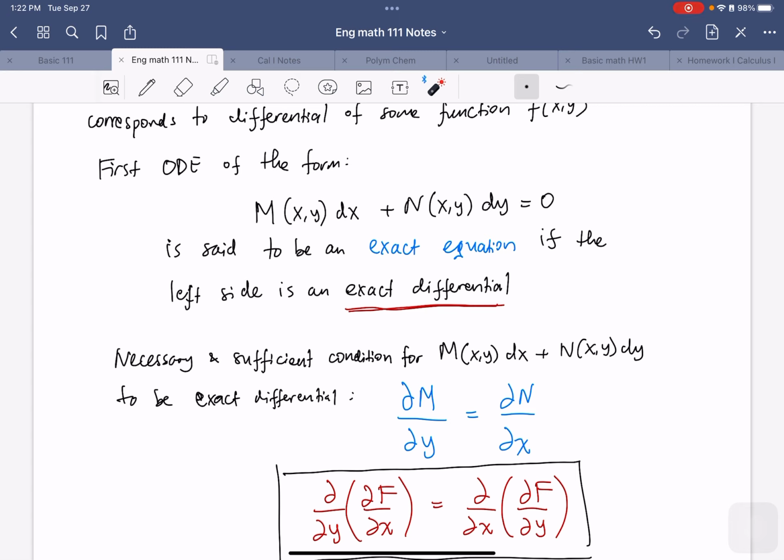Because we define M and N as functions of two variables, we define the exactness this way: if we differentiate M partially with respect to y, and N partially with respect to x, and they both have the same value, we say that this equation is exact.